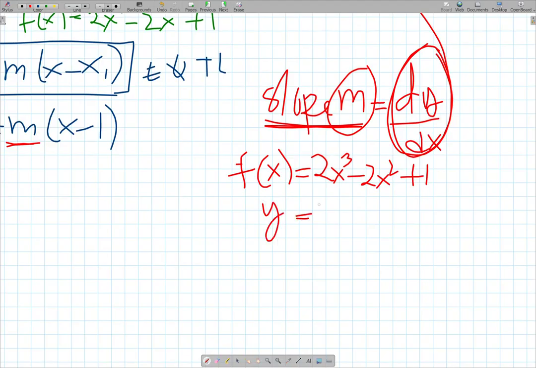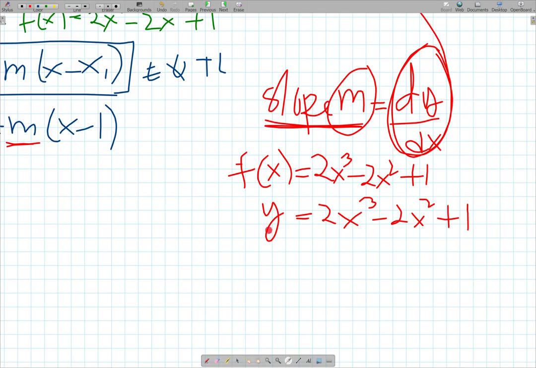Yan. y equals 2x cubed minus 2x squared plus 1. Our purpose class is to solve for the slope m. So, ang ibig sabihin ng slope m is just the same as dy over dx. So, paano tayo makakuha dito class ng dy over dx? So, we have to derive to get dy over dx.